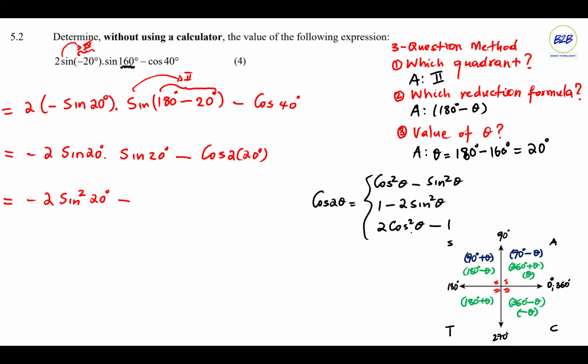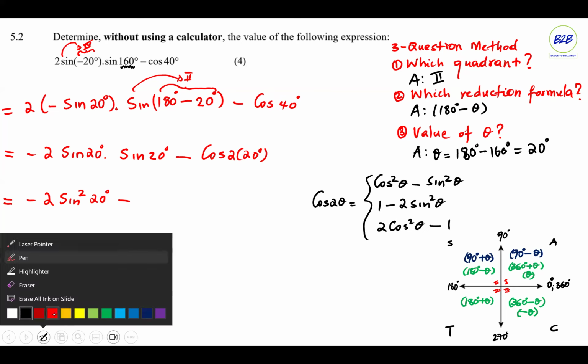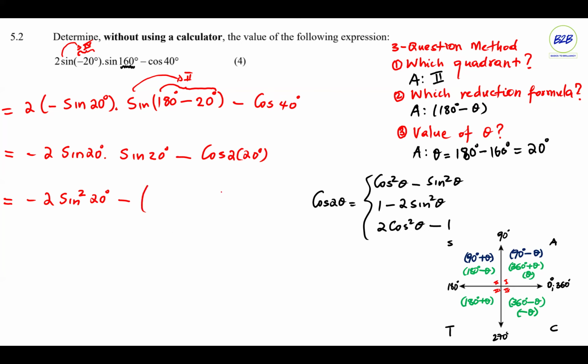So we must choose among the 3. Which one are we then going to substitute here as a double angle of cos? We must choose based on a proper reasoning process. We must not just pick and choose, close our eyes, A, B, C, D, E, F, G. No. We must choose based on a proper reasoning process.